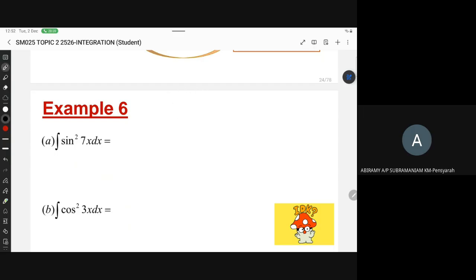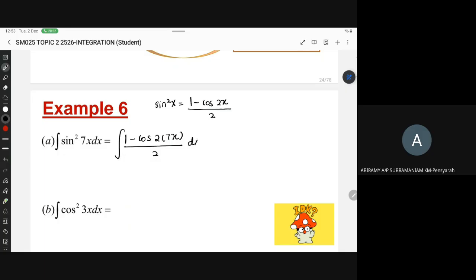So what is sine square x? Sine square x is 1 minus cos 2x divided by 2. In this case, x is 7x, so 1 minus cos 14x divided by 2.